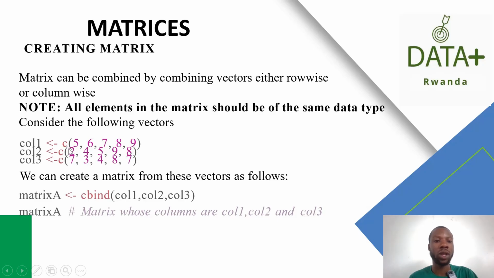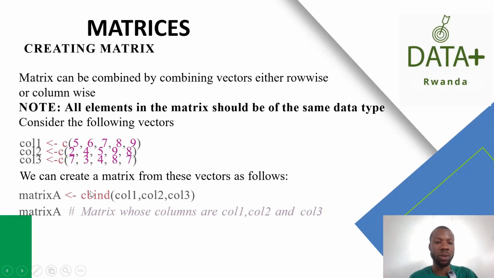I will make sure that each column that I combine has the same data type, but also that each of them has equal length. I think you understand the length. So we can create the matrices from these vectors, as in the following example, where you can use cbind.